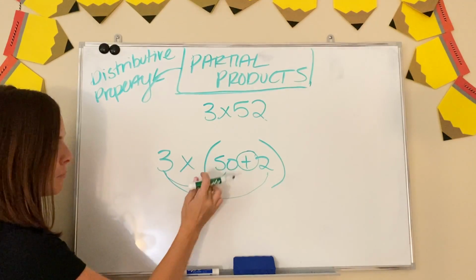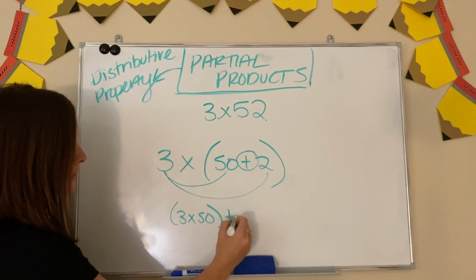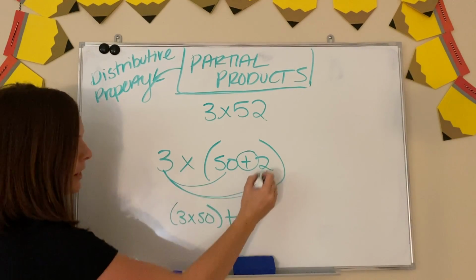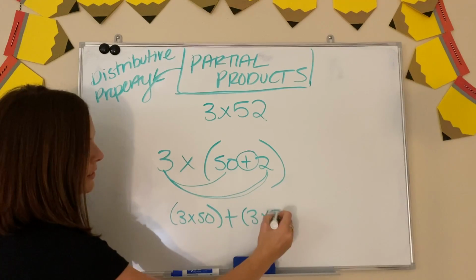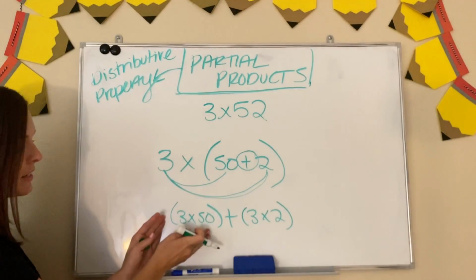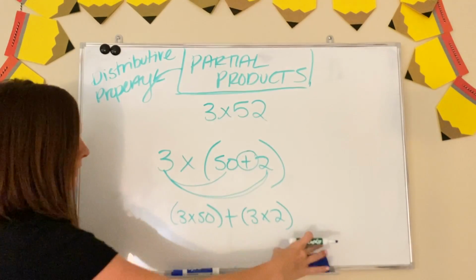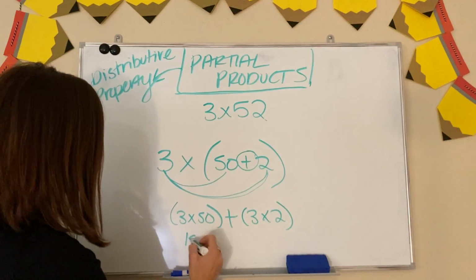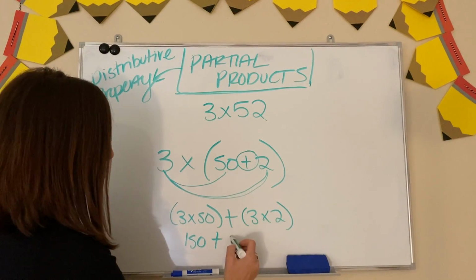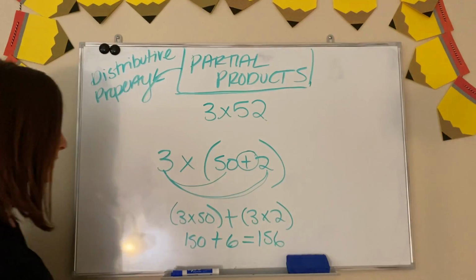First step is 3 times 50 plus your next step, 3 times 2. And we're just putting the steps in separate parentheses to show I'm doing this, then I'm doing that. 3 times 50 is 150. Plus 3 times 2 is 6, and if I add that together, I get 156.